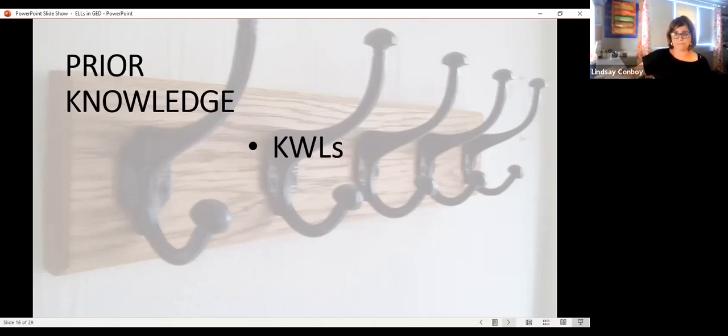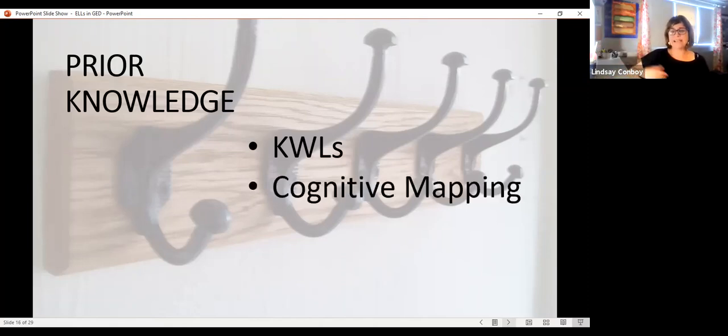Cognitive mapping. So how is everything related? And you can connect that back to the KWL. And outlining. Explicitly teach outlining because it gives them a different view of the information.